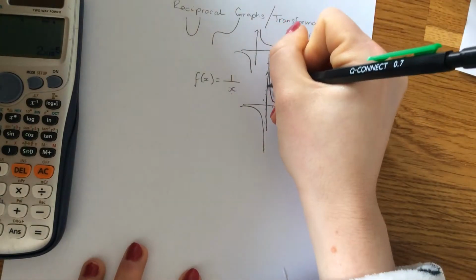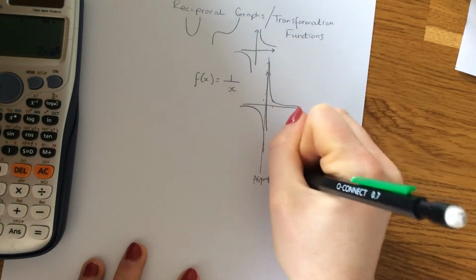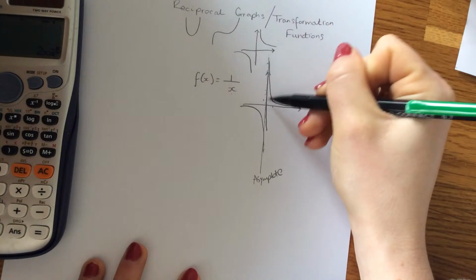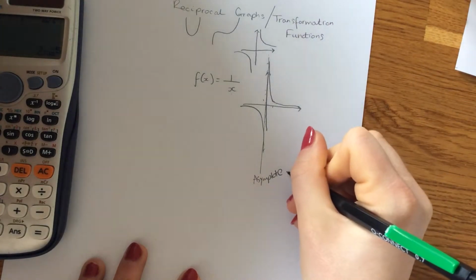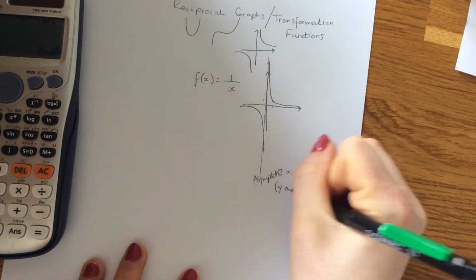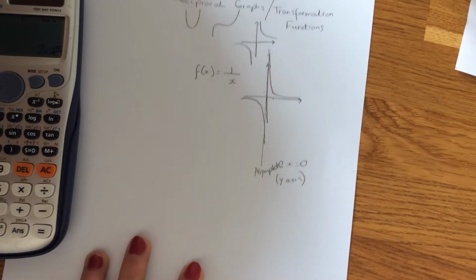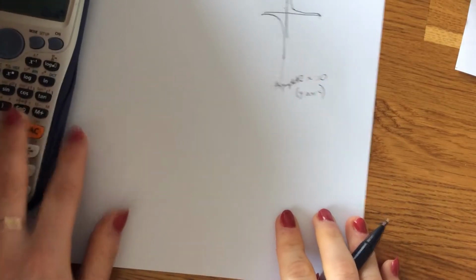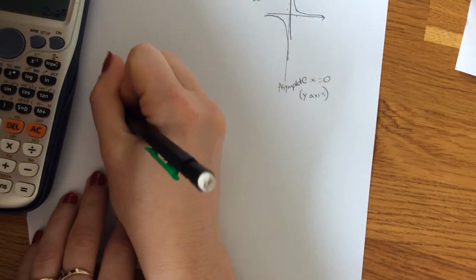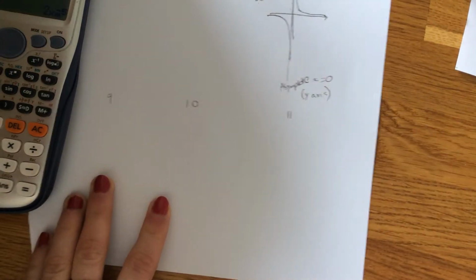So you've got an asymptote there, usually denoted by a dotted line at x equals 0, which is obviously the y-axis. So that's reciprocal graphs. And then in questions 9, 10 and 11, we've got 3 transformations of this type of graph.